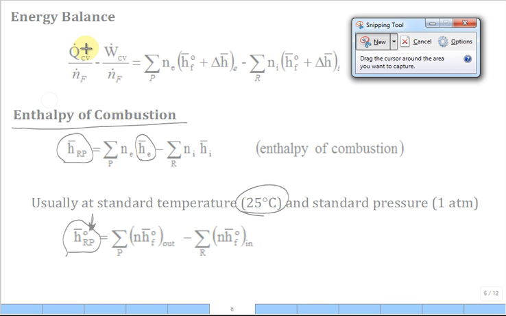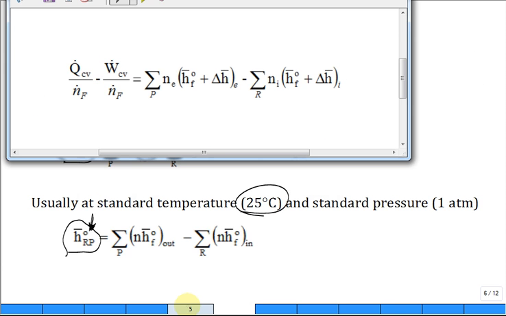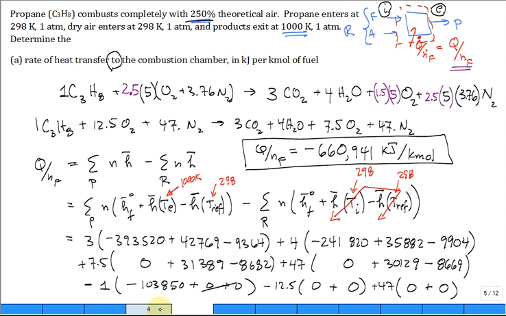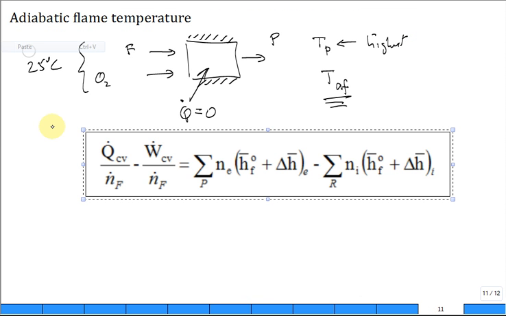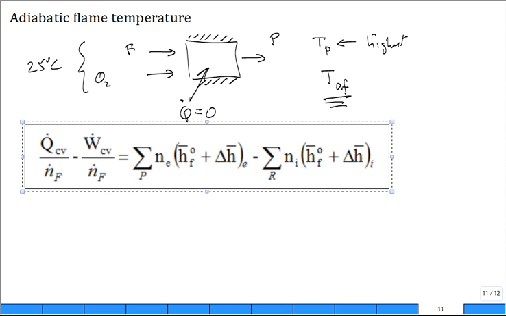Let me grab it, and if I don't like it, I'll come back and get another one. Okay, let's do it for this propane. Okay, we'll use this equation. Edit, paste.